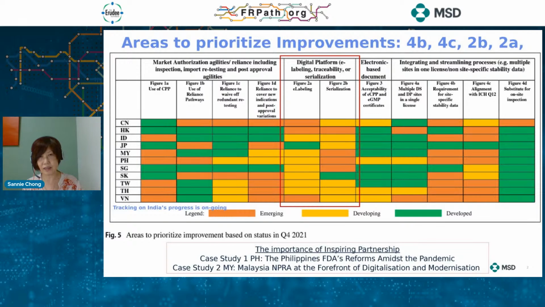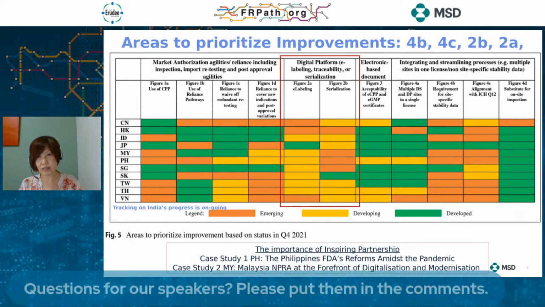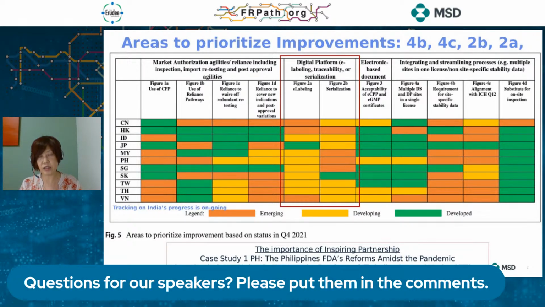So what that meant is, as Melissa mentioned earlier on, reliance is about the actual procedure of reviewing and also in other areas. And so this procedure of multiple sites in one license, we see that practice in ICH countries, in stringent authorities, in reference agencies, but very often in many parts of the world it is one site, one license.